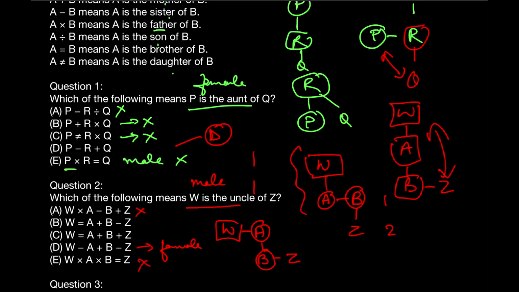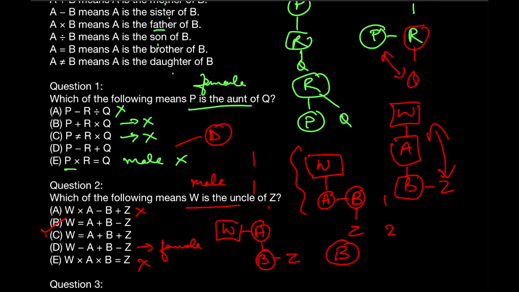So now we are in the perfect generation list where W is exactly one generation above Z, and uncle of Z means if I am Z, I will be calling W as my uncle. Why? Because he is the brother of my mother. So that makes a perfect answer here, which is option B. We got our answer for this second question as option B.